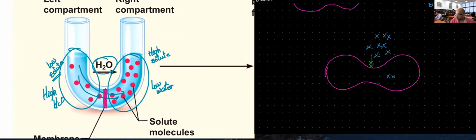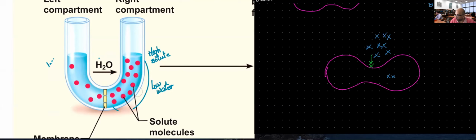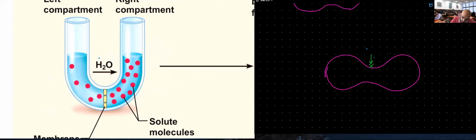Again, water is moving from where to where? From low solute to high solute. I'm telling you here, this is high solute outside, and this is low solute inside.